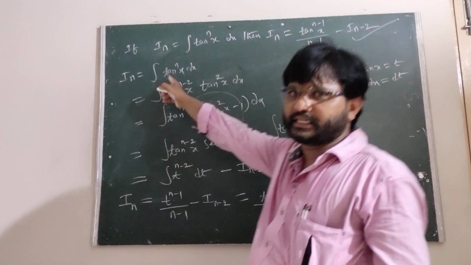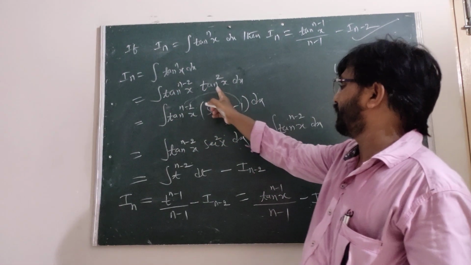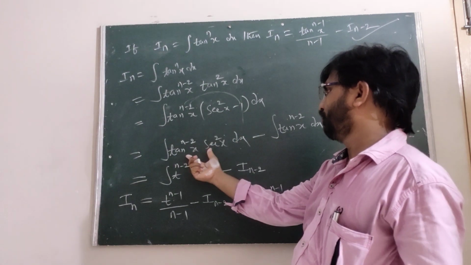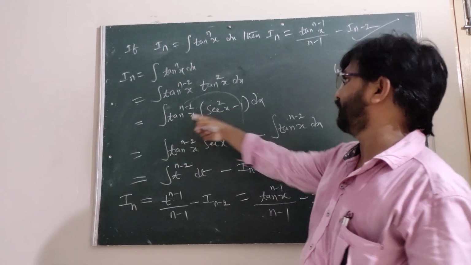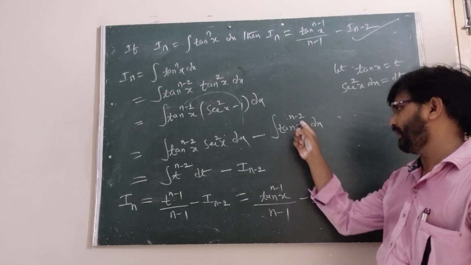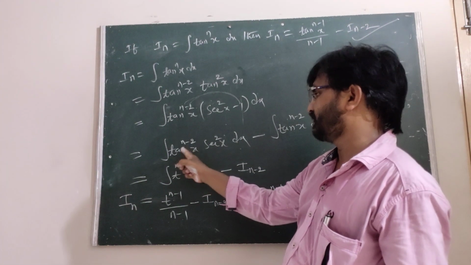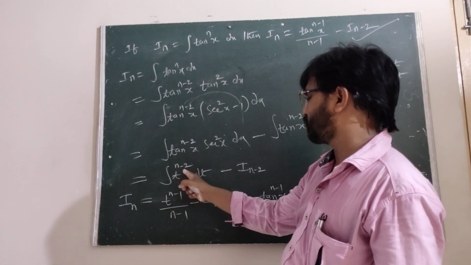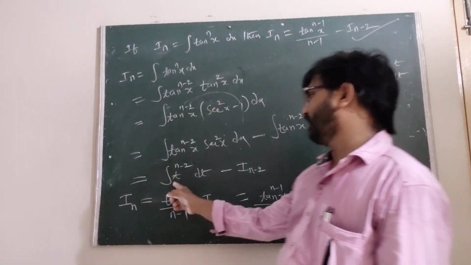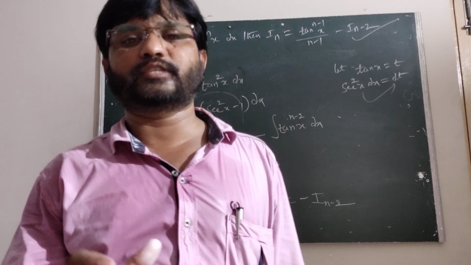How to solve this one? Tan power nx dx is tan power n minus 2 into tan square x. The tan square x is secant square x minus 1. After multiplication, we are getting this one. The minus 1 into this one is tan power n minus 2 x dx. This is I n minus 2. We are taking tan x is t, that is t power n minus 2. Secant square x dx is dt. We know that integral x power n dx is x power n plus 1 upon n plus 1.